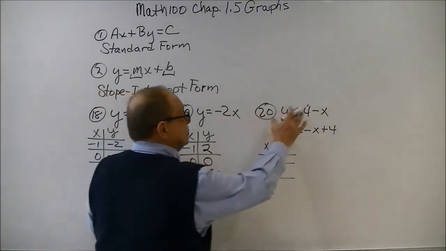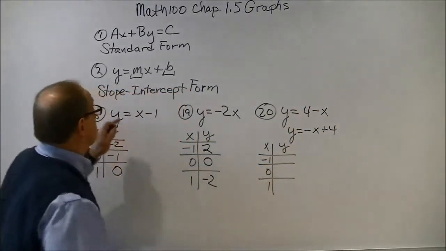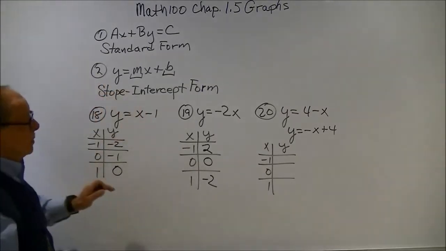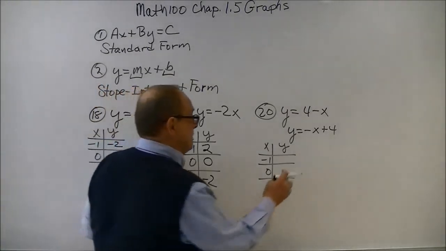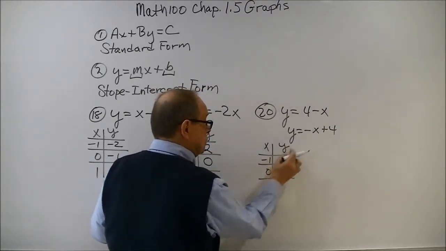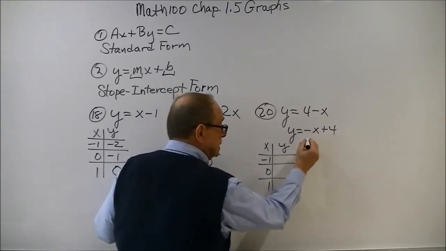Now, this one I rewrote so that this form would be in slope-intercept form, because these other two were that way. So, we have here, it's a -1. So if x is -1, watch this.